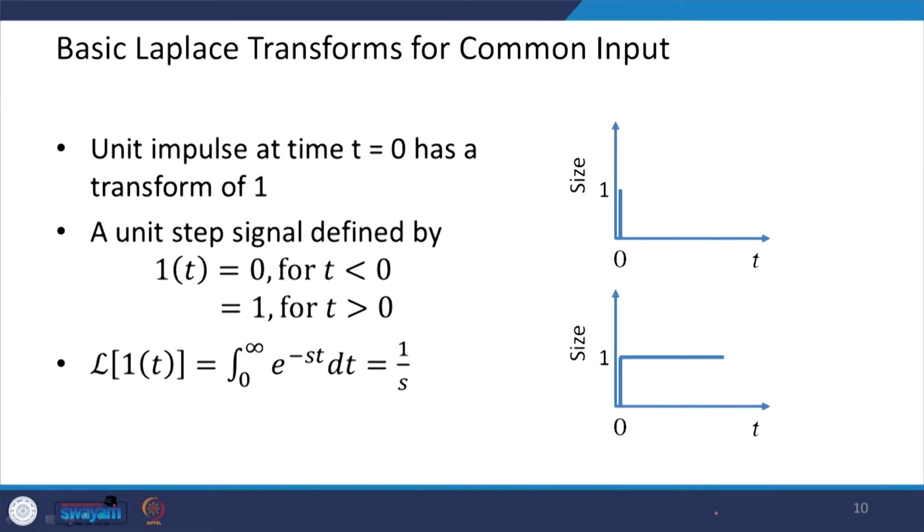So, the basic Laplace transforms for the common inputs which we have seen in my previous lecture: if we have a unit impulse at t equal to 0, it has a Laplace transform equal to 1. If it is a unit step signal, defined as 0 for time less than 0 and 1 for time greater than 0, then the Laplace transform is 1 by s.